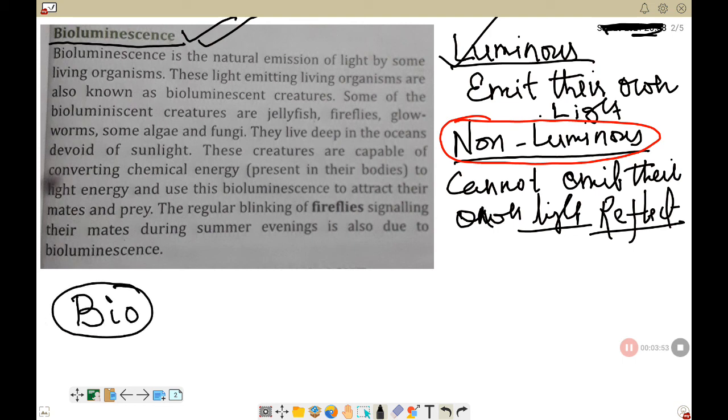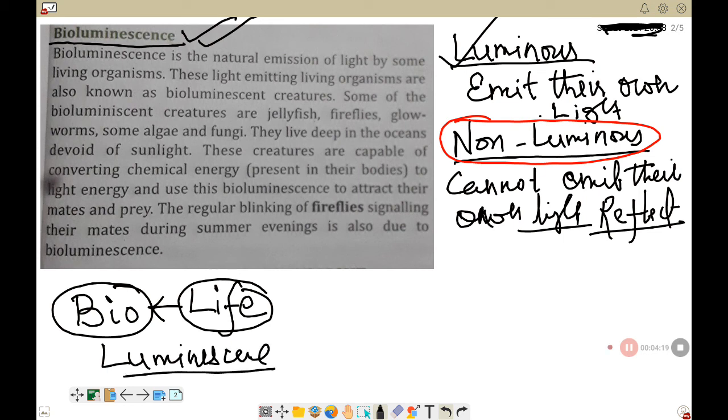Now let me explain the word bio. Now you know you have three branches of science: biology, physics, and chemistry. In biology, you study about livings and non-livings, isn't it? So here we can consider that bio means life, okay, and the other word is luminescence.